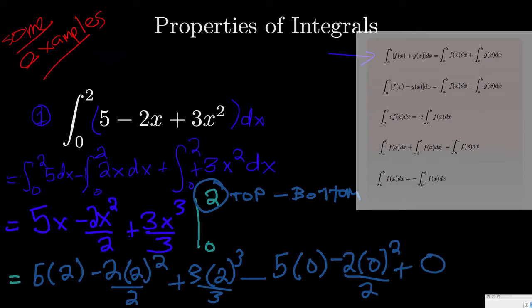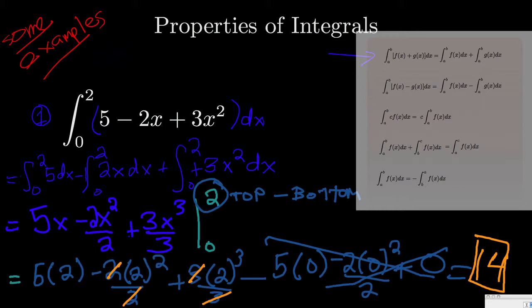And this whole part right here is just going to equal 0. And then all you have left over is this guy, which is 14. And that's it.